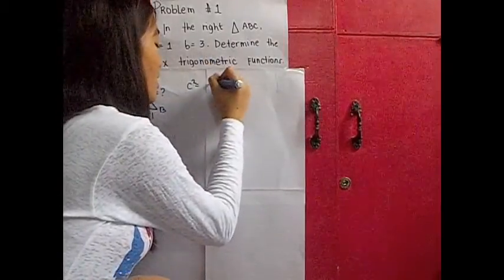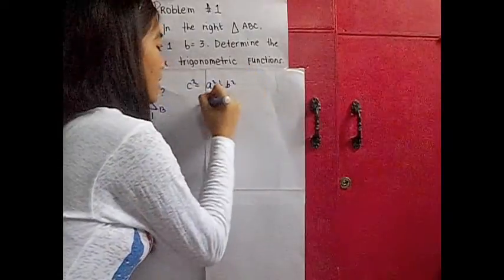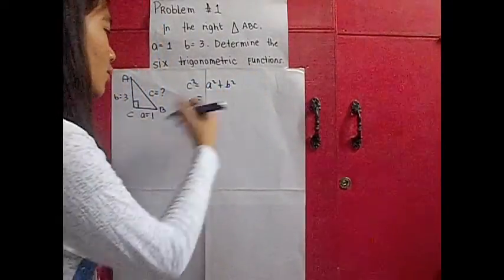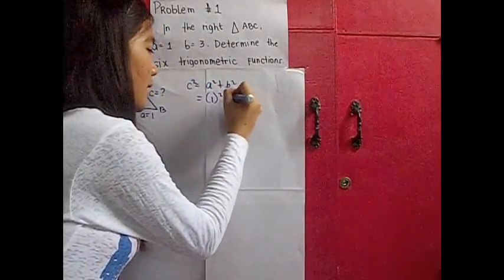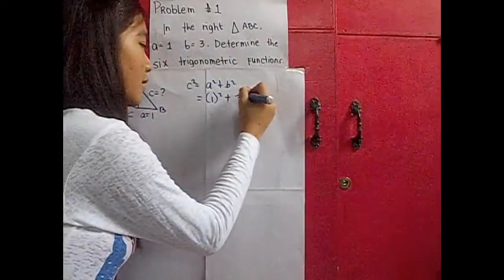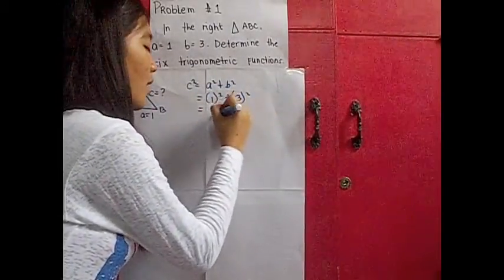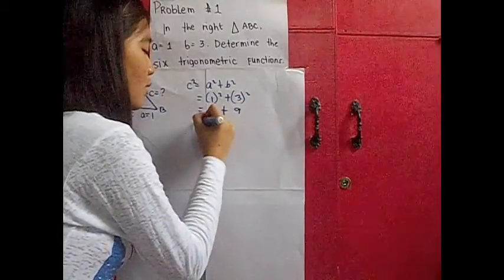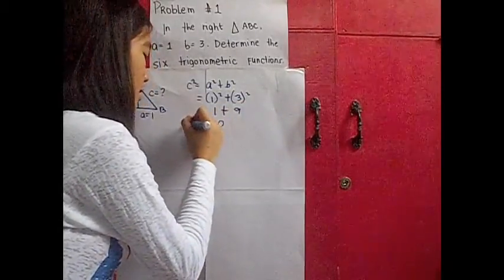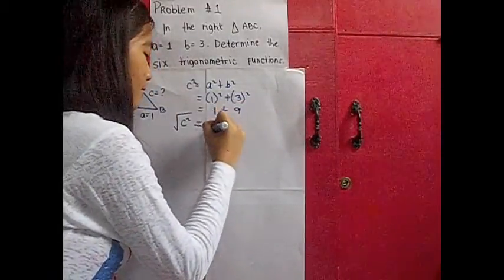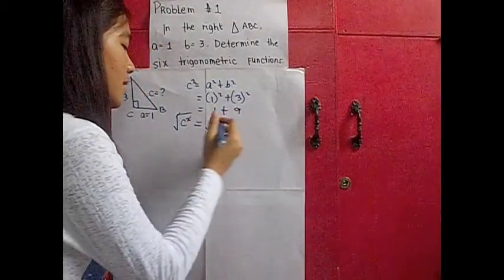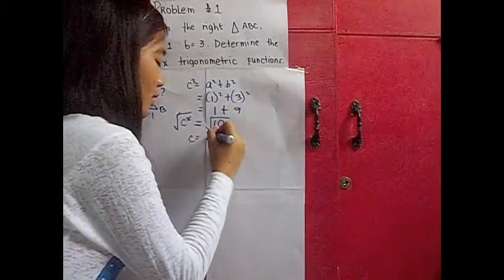C squared is equal to A squared plus B squared. C squared is equal to 1 squared plus 3 squared, which is 1 plus 9, equal to 10. C squared equals 10, the square cancels, so C is equal to the square root of 10.